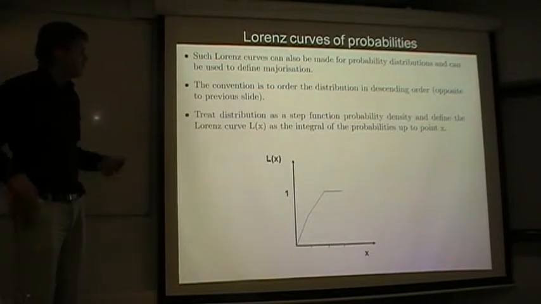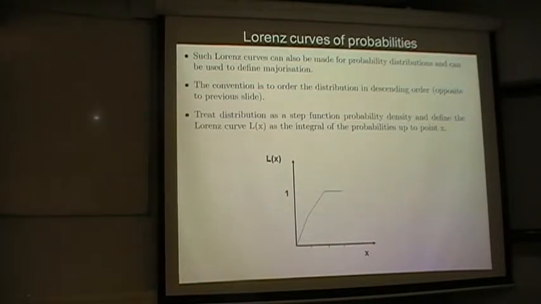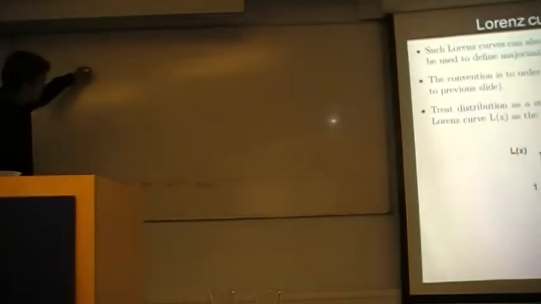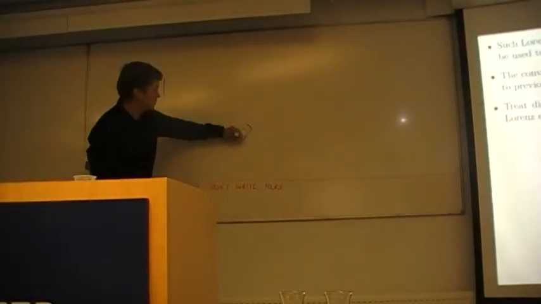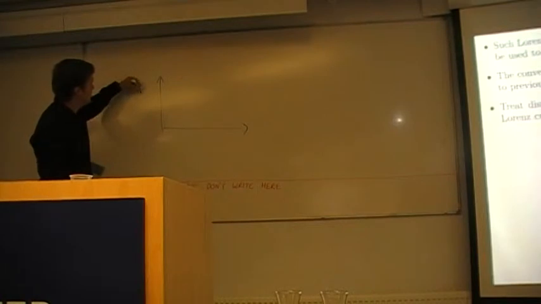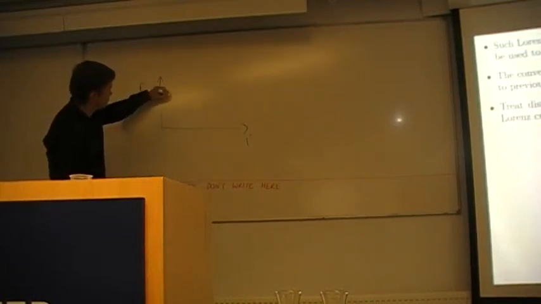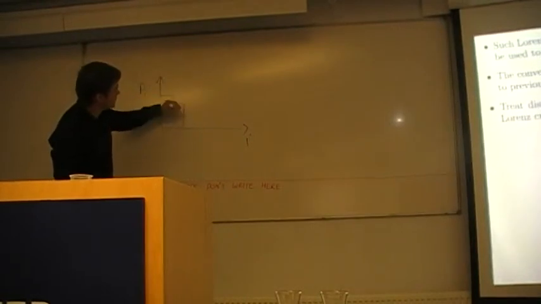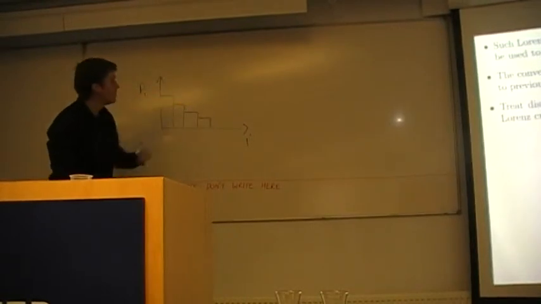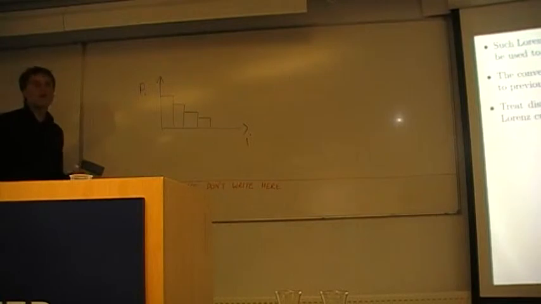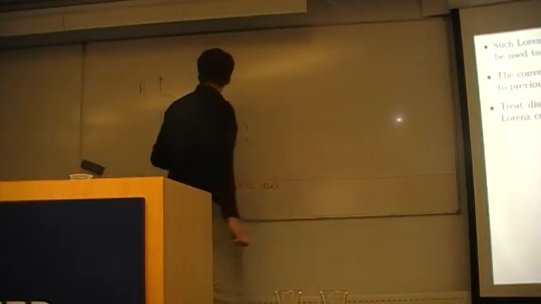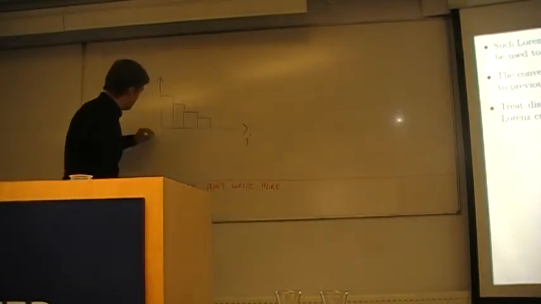And you draw your probability distribution like a step function. And the corresponding Lorentz curve, maybe I can draw it under it like this.